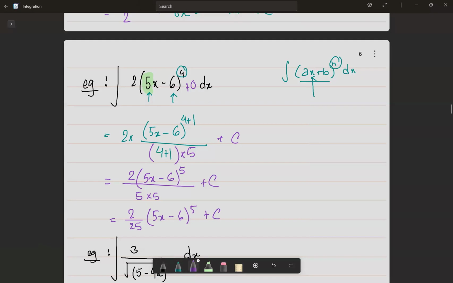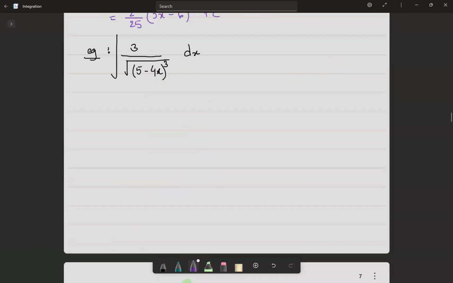Let's try to take a look at the next one. In here, we have integration of 3 divided by root over (5 minus 4x) to the power of 3. Now, in here, we can see that we have a fractional part where we have power over the entire thing.